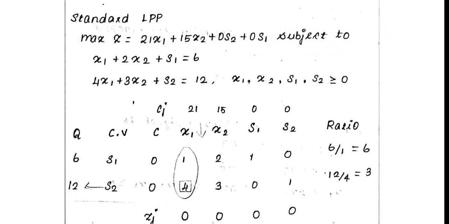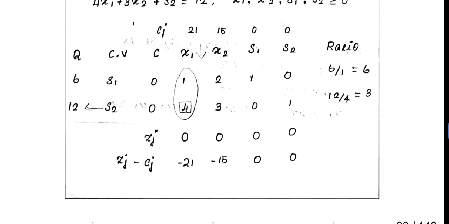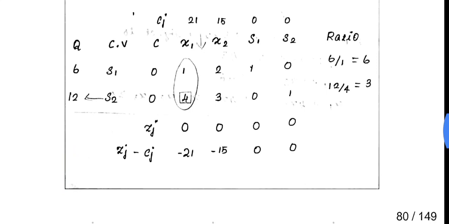Quantity, CV, C. We can calculate Zj minus Cj, as I already told you. The values are minus 21, minus 15. The objective function is maximize, so we choose the most negative, minus 21. This column is the pivot column.